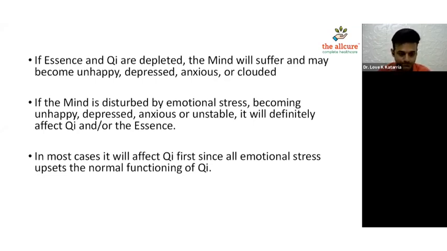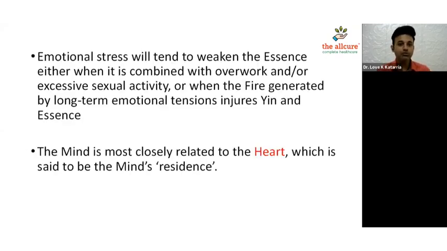So in most cases, it will affect chi first, since all emotional stress upsets the normal functioning of chi. Emotional stress will tend to weaken the essence, either when it is combined with overwork, a very important factor these days, and or excessive sexual activity, or when the fire generated by long-term emotional tensions injures yin and essence.